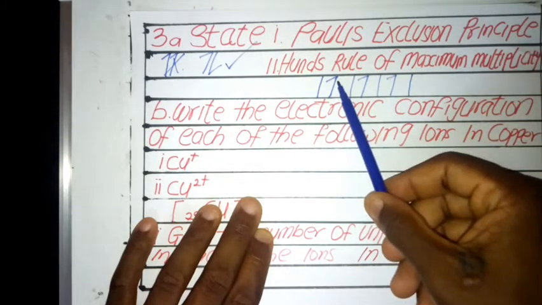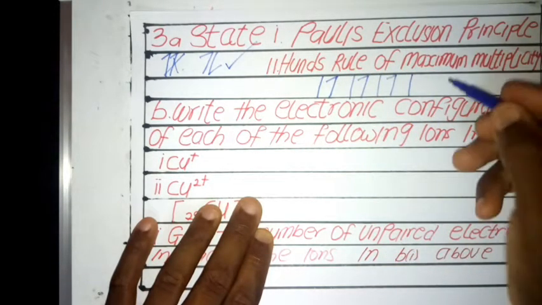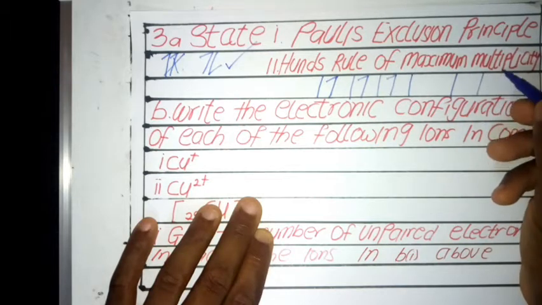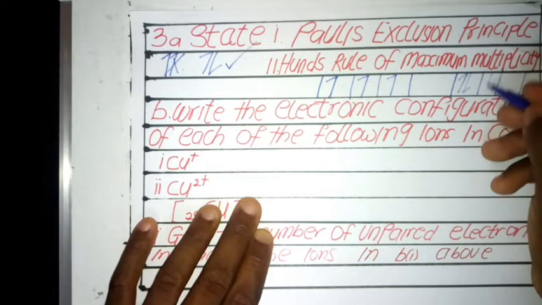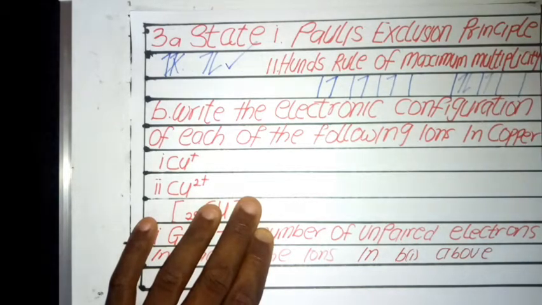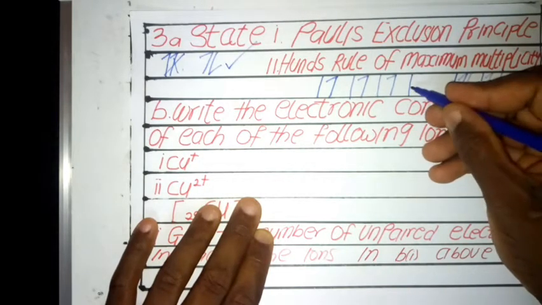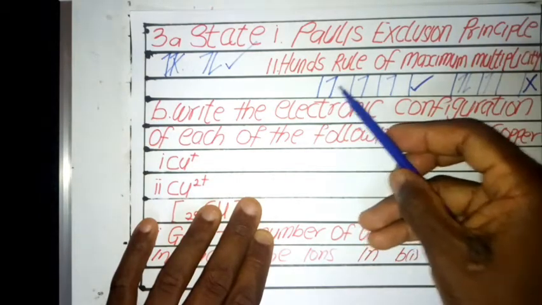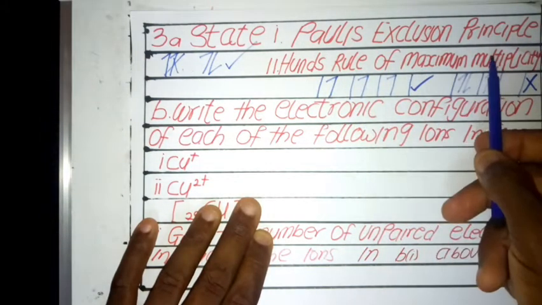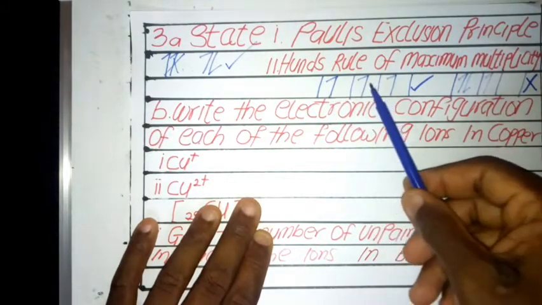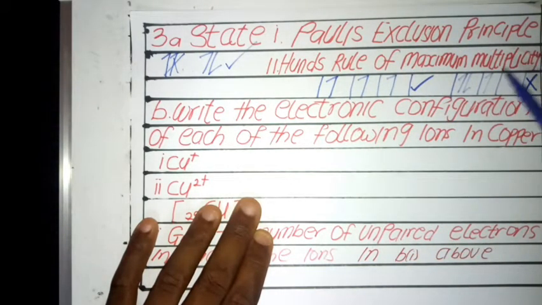Not 1, 2, 3 in the same shell. So you notice that this is wrong. This is correct. So Hund's rule is saying that orbitals are filled singly before pairing. So this is wrong, this is correct.